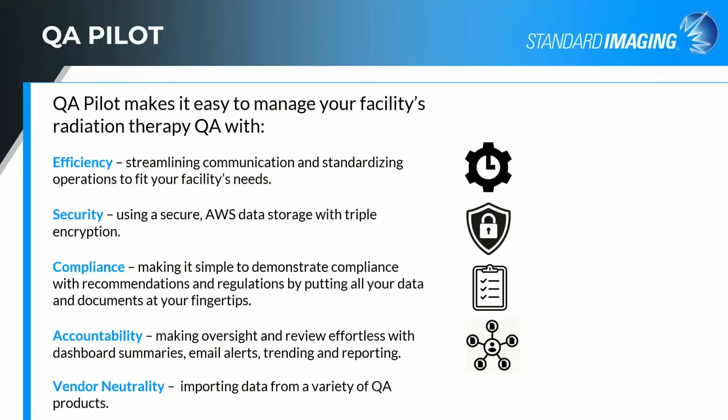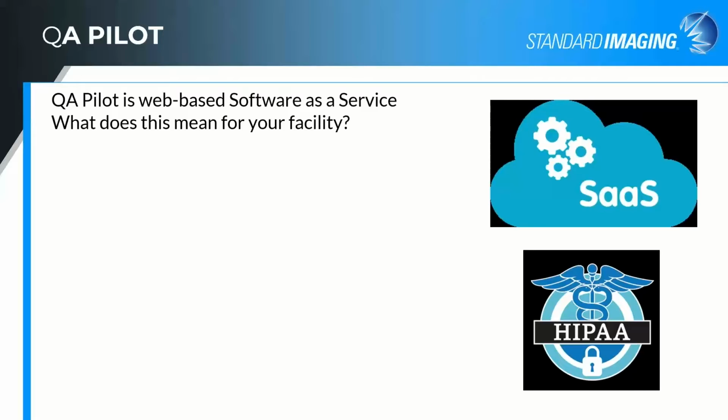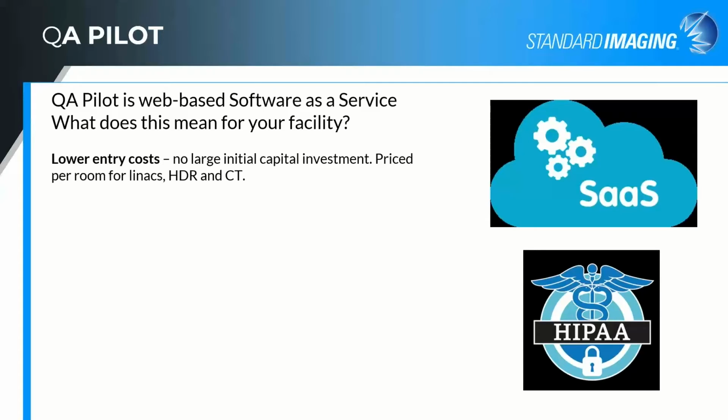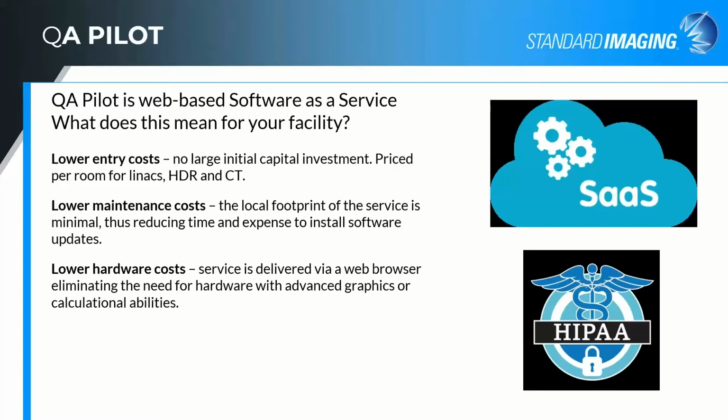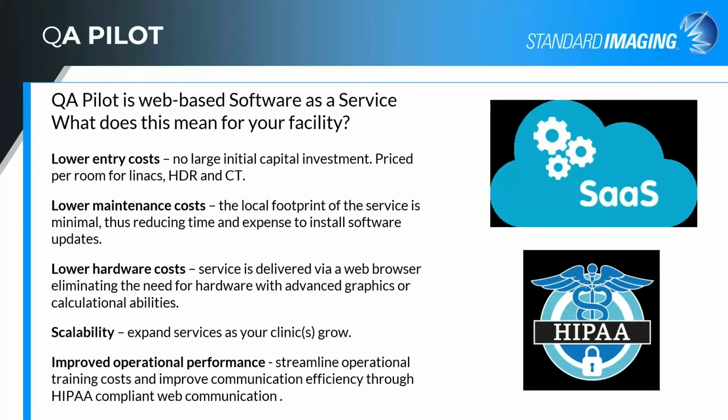Tracking machine downtime, service items, audit and accreditation documentation, process improvement goals, and all other details are easily managed with the detailed information gathered and stored within QA Pilot with PIPSpro AutoPilot, not only for QA task management, but for departmental management. It is also important to note that QA Pilot and PIPSpro AutoPilot is provided as a software as a service model. This translates into lower entry costs, lower maintenance costs, scalability, and data security.